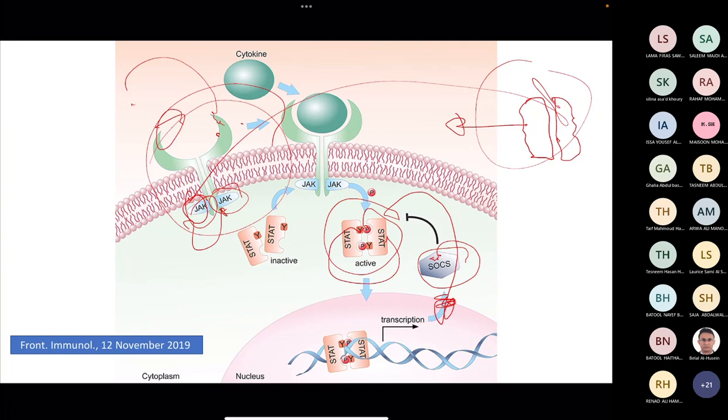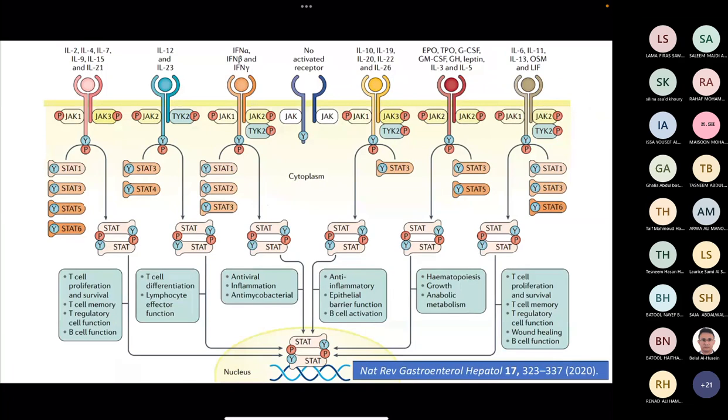Okay. Now in the body, each receptor has different JAKs, and each JAK has a different STAT. For example, JAK 1 and 3. As we said, the receptors are hetero receptors, meaning they are not the same.